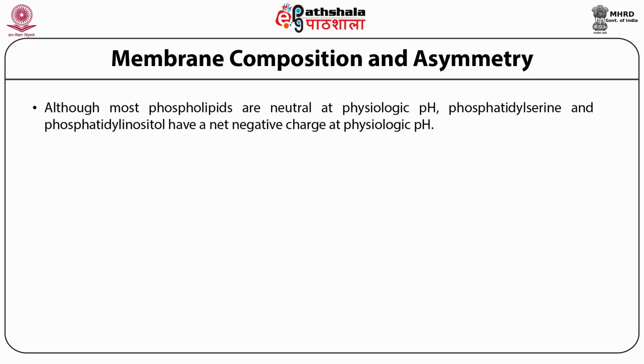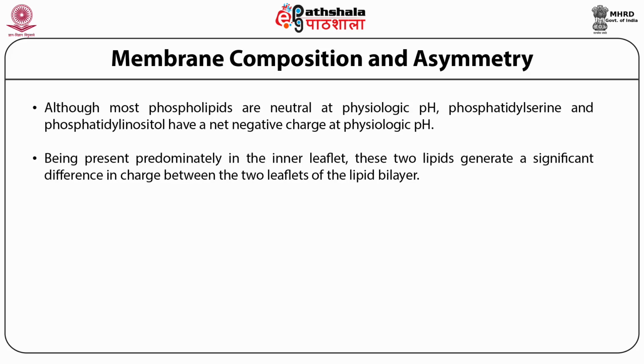Because they are located in the inner leaflet, these two lipids generate a significant difference in charge between the two leaflets of the lipid bilayer. So the inner side of the plasma membrane is negatively charged. This generates a relevant asymmetry where the outside is relatively more positive and the inside is relatively more negative.